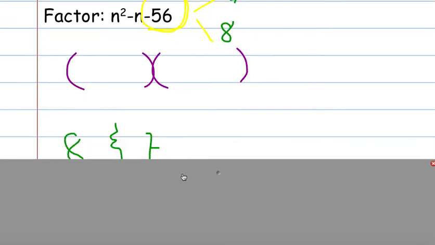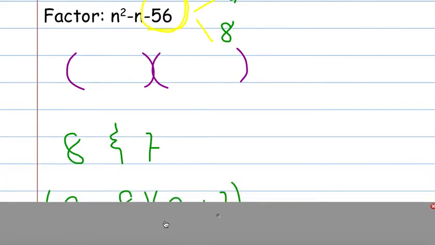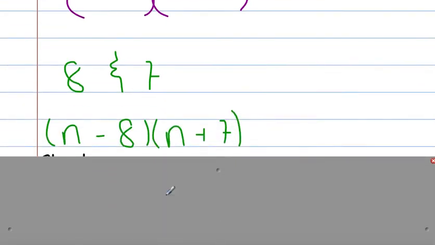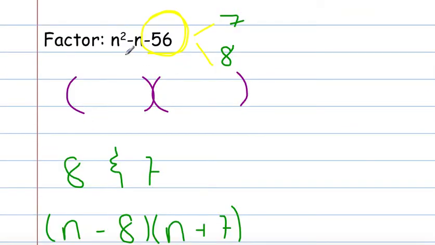So I chose the 8 and 7 to see if I could fool around with those and get it to work. We have a negative 1 up here, so if I let 8 be a negative 8 and I add negative 8 and positive 7 together, that's where I'm getting my negative 1 from.